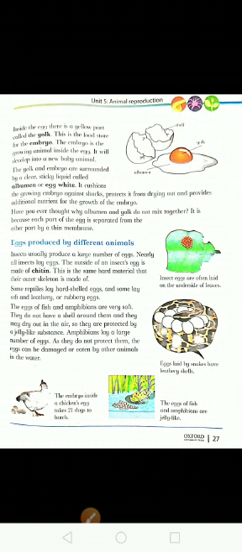So they are protected by a jelly-like substance. Amphibians lay a large number of eggs as they do not protect them. The eggs can be damaged or eaten by other animals in water.